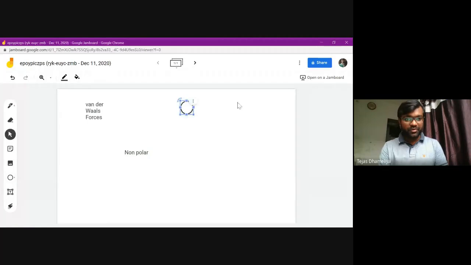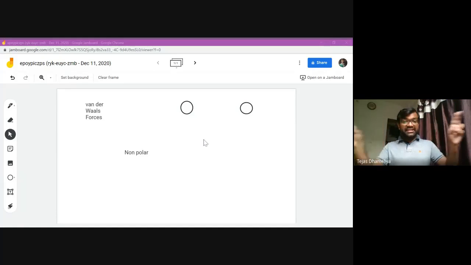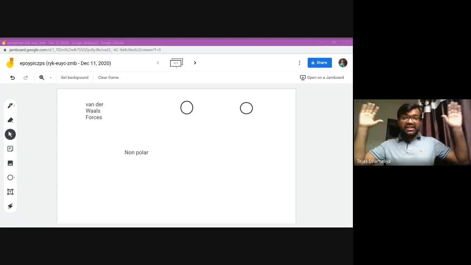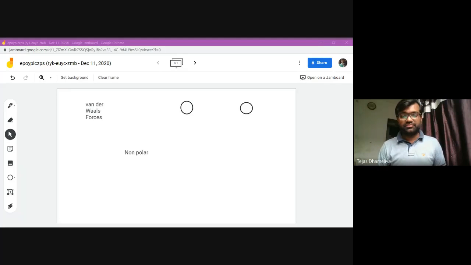Here is one molecule, this is another molecule. The distance between these two molecules is quite big. Consider they are far apart from each other, and because of this, they cannot interact.